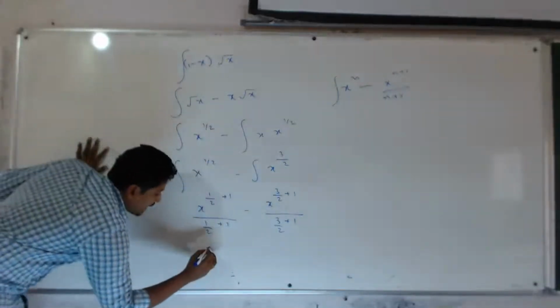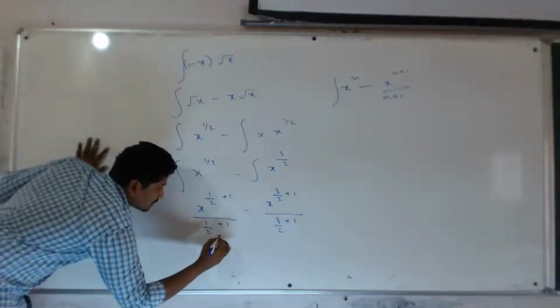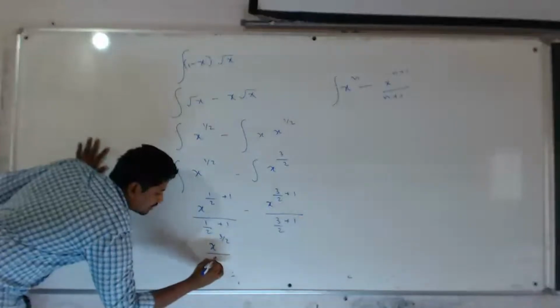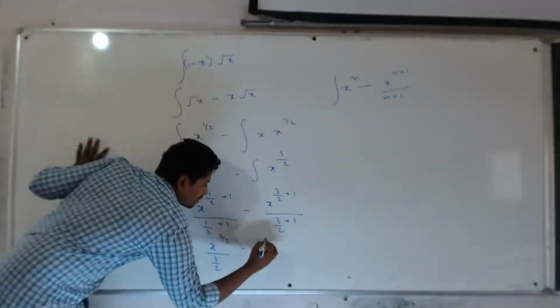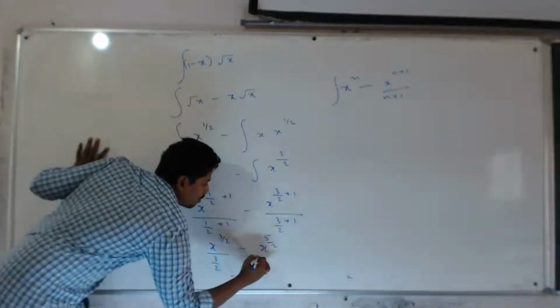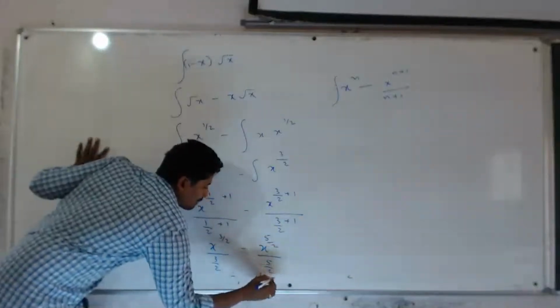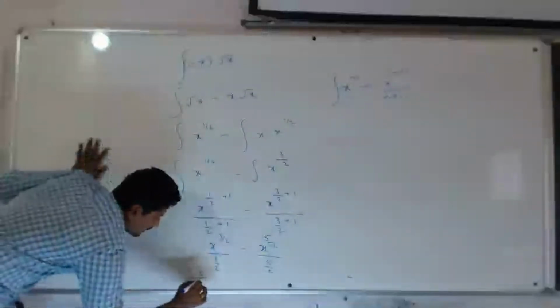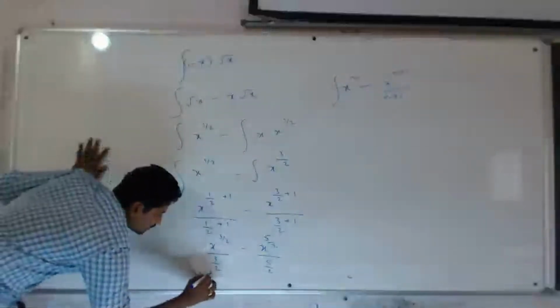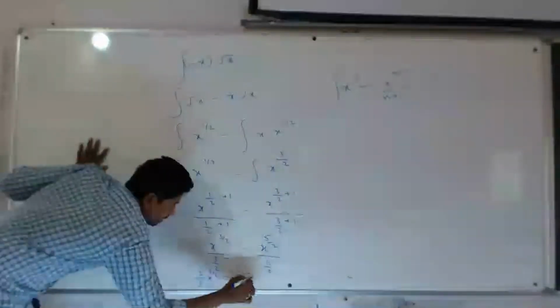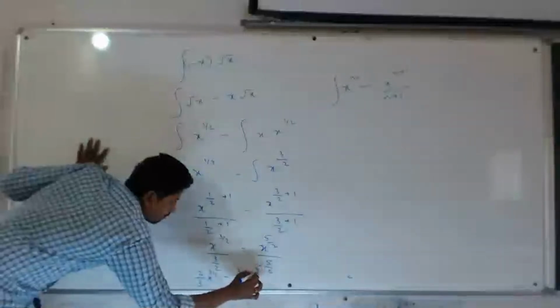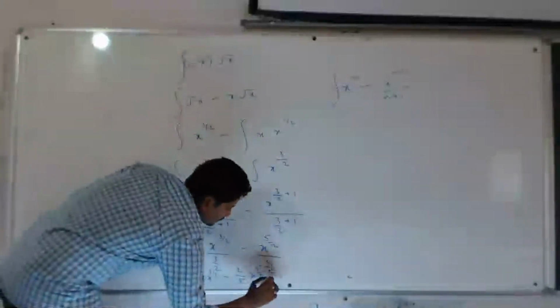It will be x power 3 by 2 by 3 by 2 minus x power 5 by 2 by 5 by 2. See here, it will be reciprocal: 2 by 3 x power 3 by 2 minus 2 by 5 x power 5 by 2 plus c.